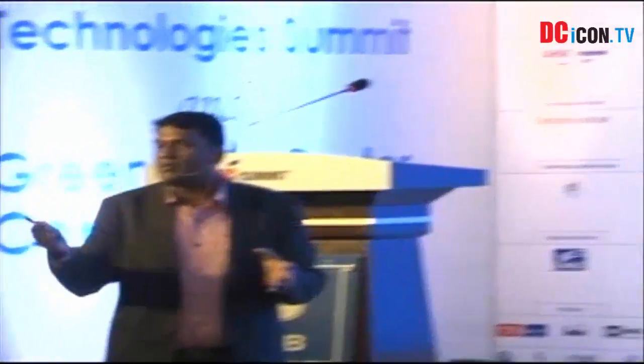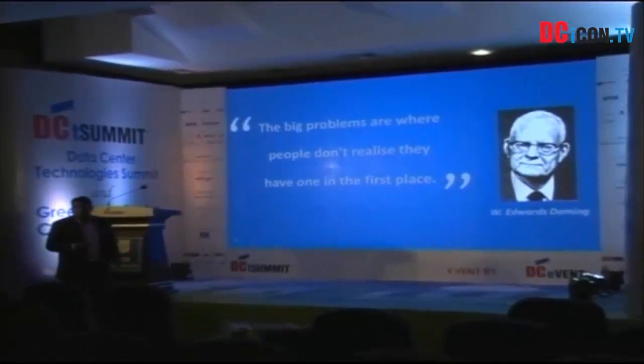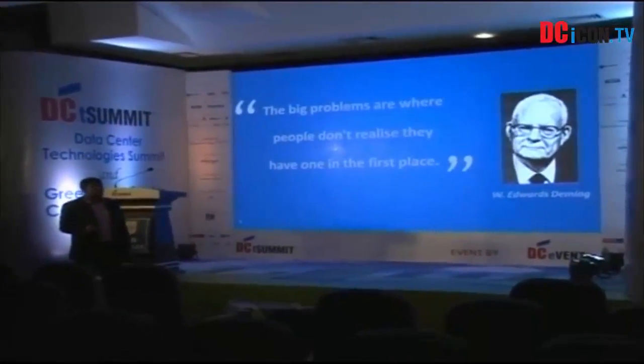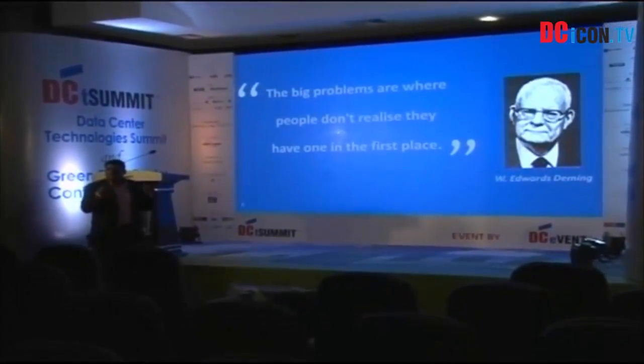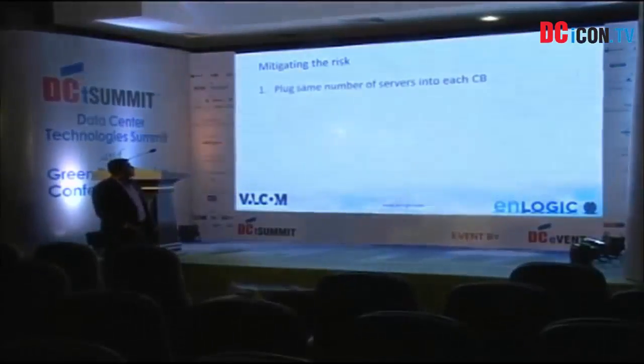So the big problem is that people don't realize they have gone wrong in the first step. We don't really think that at the first step itself there is going to be a problem, so we need to really think about it. A great professor and statistician, Edwards Deming, coined this, telling us we don't even think at the first step that there is going to be a problem.